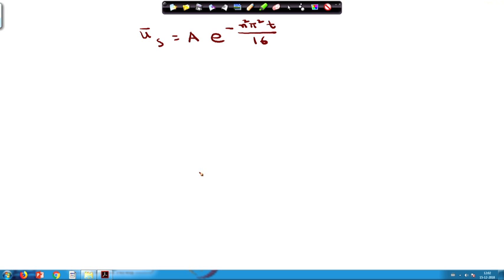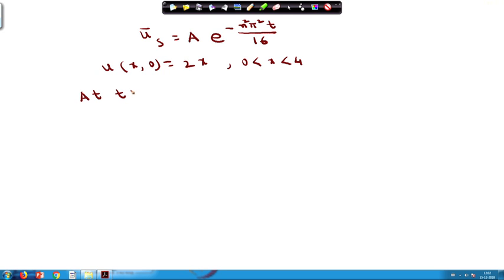Now my next job is to find the value of this constant A. One more condition has been given to us, that is u(x,0) equals 2x, where x lies between 0 and 4.